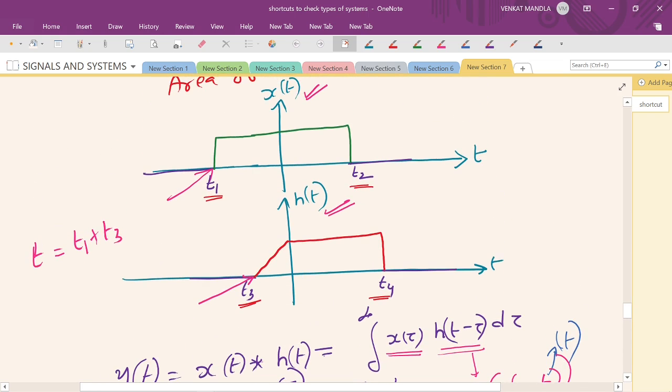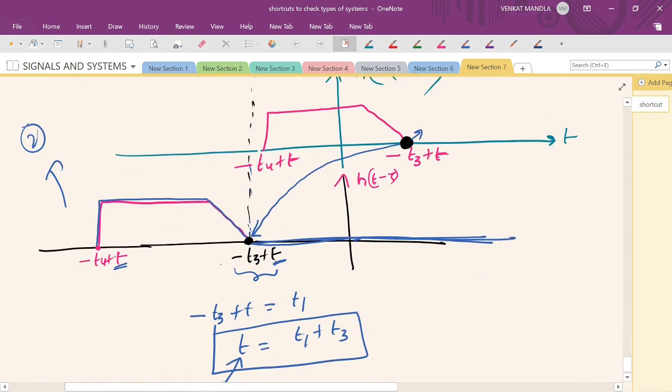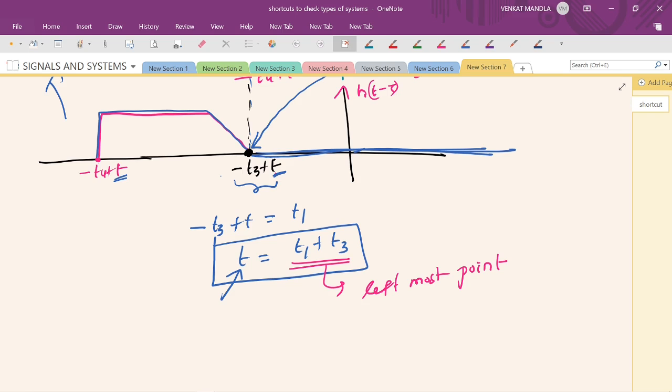If you choose t less than t1 plus t3, you will get zero overlap and zero output, because there is no overlap between x of tau and h of t minus tau. From this point you cannot move further left. That output is zero, which is not my interest.